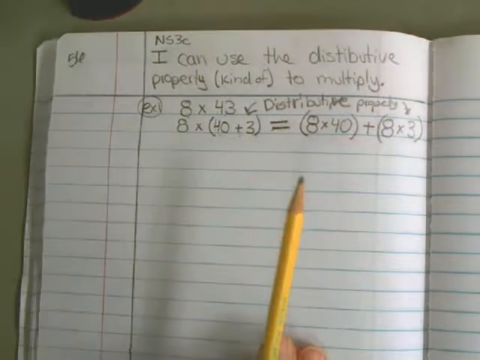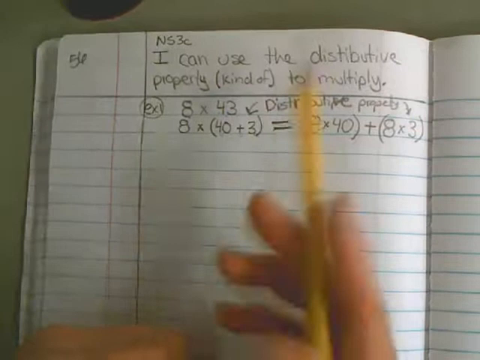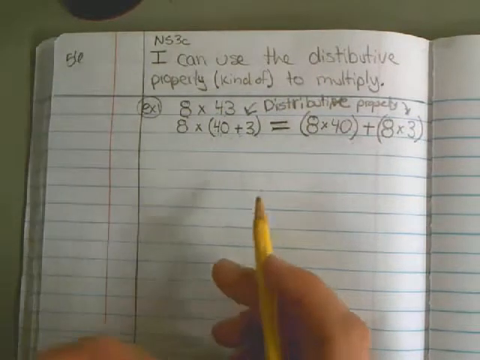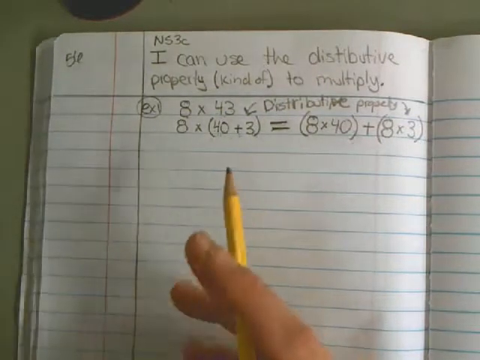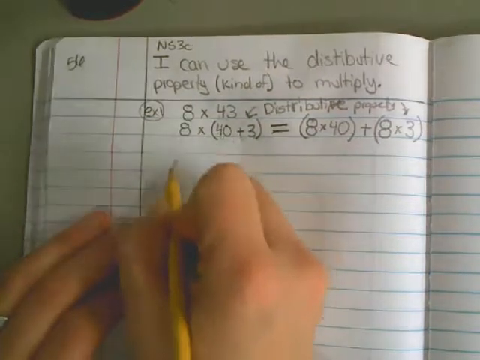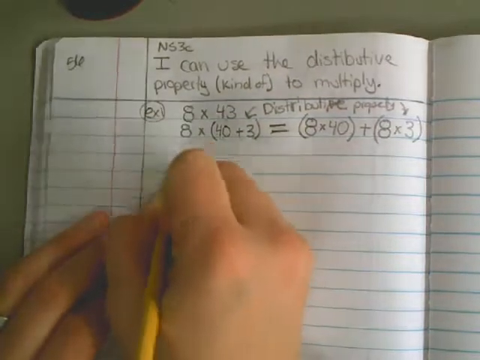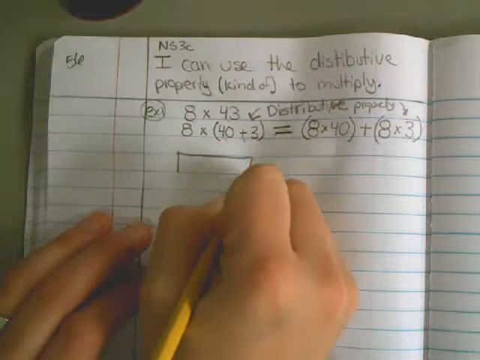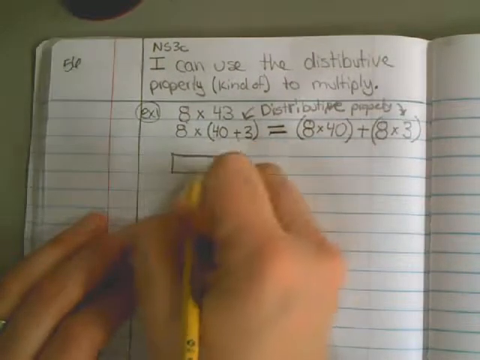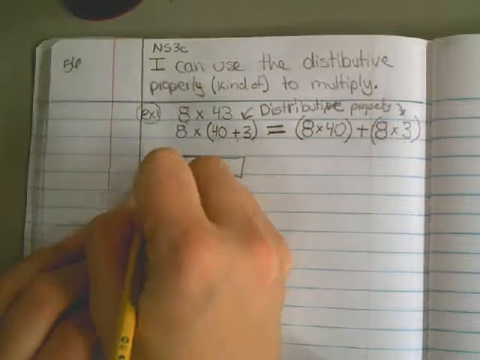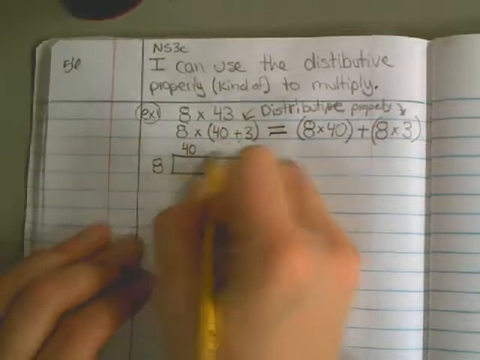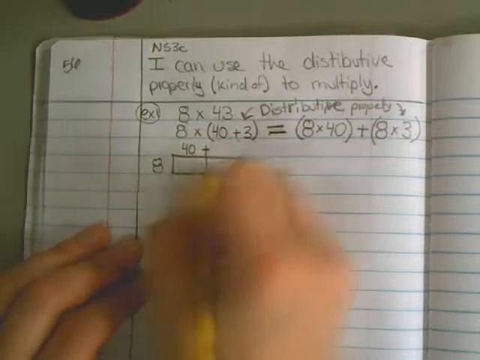Now, when we're doing it in the form of multiplying, we're going to look at it in a little bit different way. We're going to set it up in a way that will help us keep track of it a little bit better when we get to those bigger numbers. So, for example, we would draw a box, because what we want to do here is 8 times 40 plus 8 times 3.